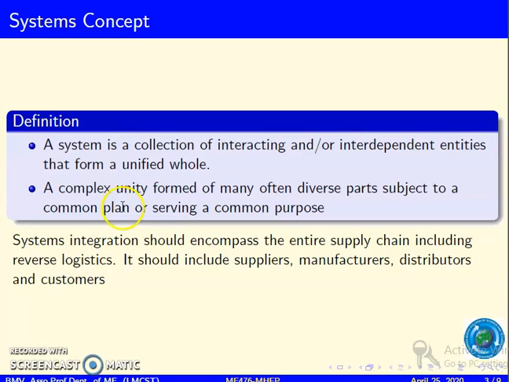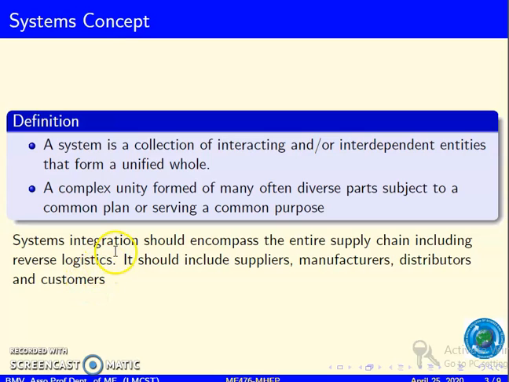Now, one definition of the system is a collection of interacting or independent entities that form a unified whole. Another definition is a complex unity formed of many often diverse parts subject to a common plan or serving a common purpose.